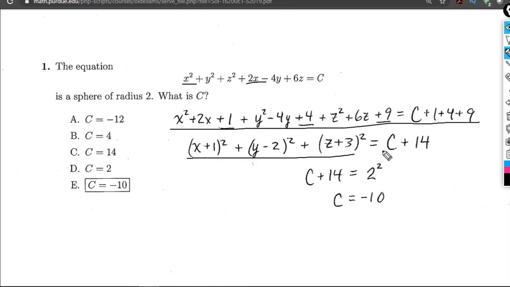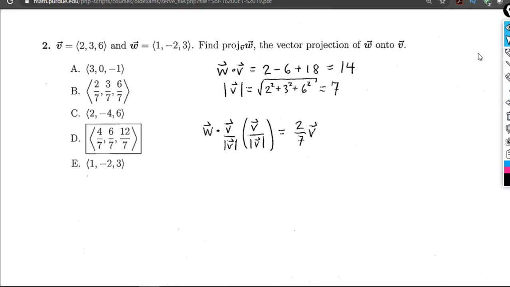The radius squared is on the other side, and the radius is 2, so c plus 14 is 4, therefore c is -10, with option E here.